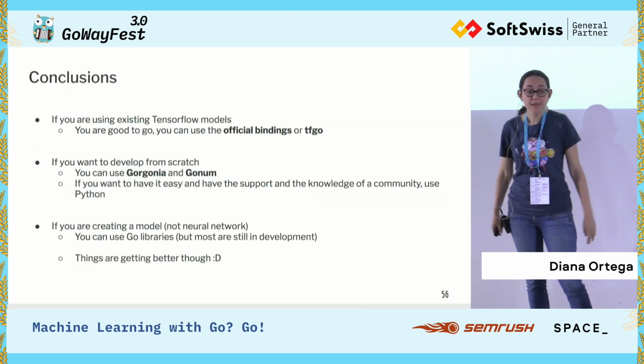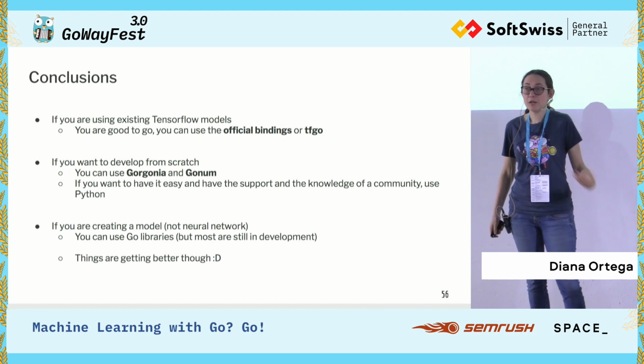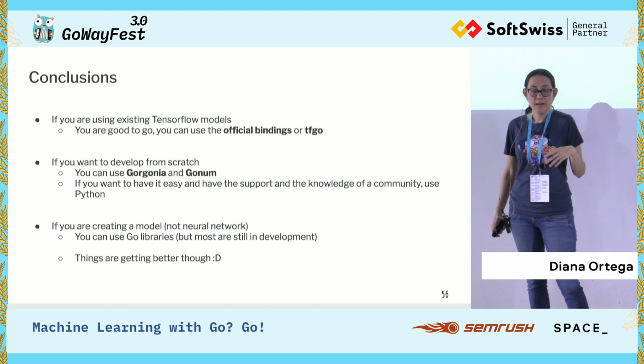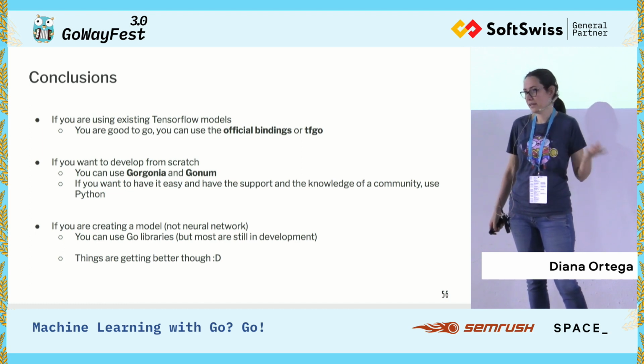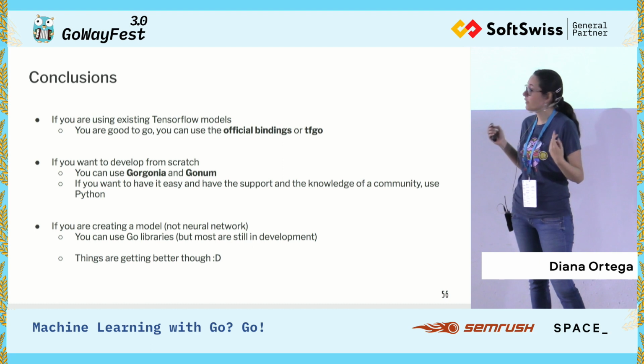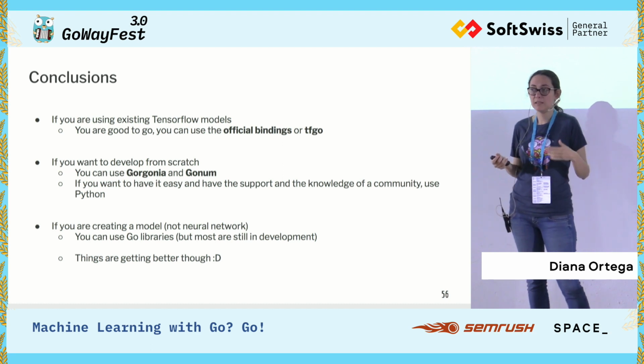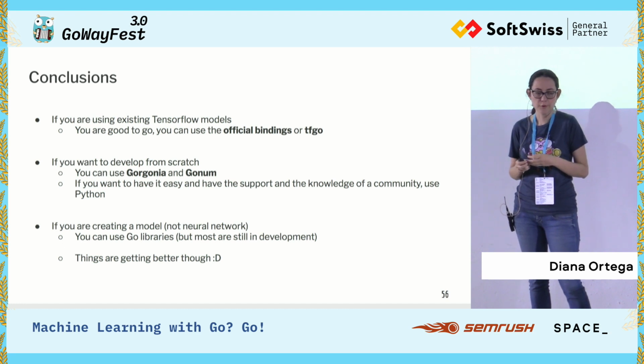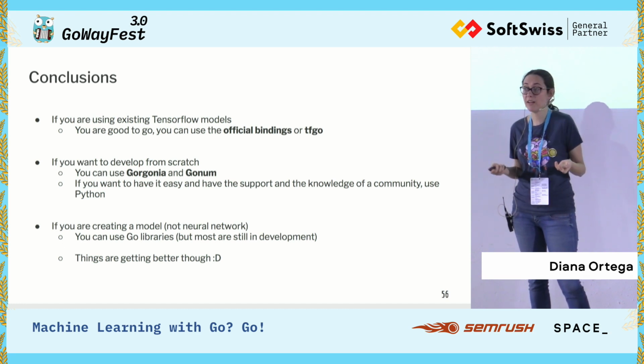As a conclusion, if you are using existing TensorFlow models, you can use the official bindings of TensorFlow for Go to consume your models. You can also use a project called TFGo, that is a version of the API for TensorFlow. If you want to develop from scratch, you can use Gorgonia, GoNum.